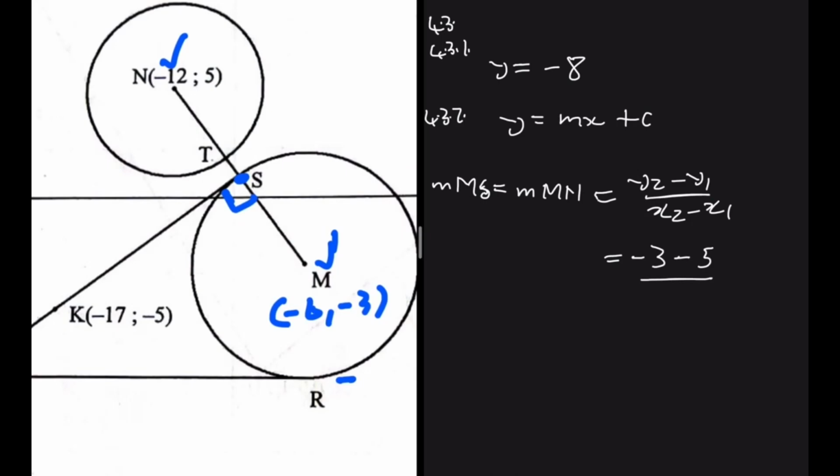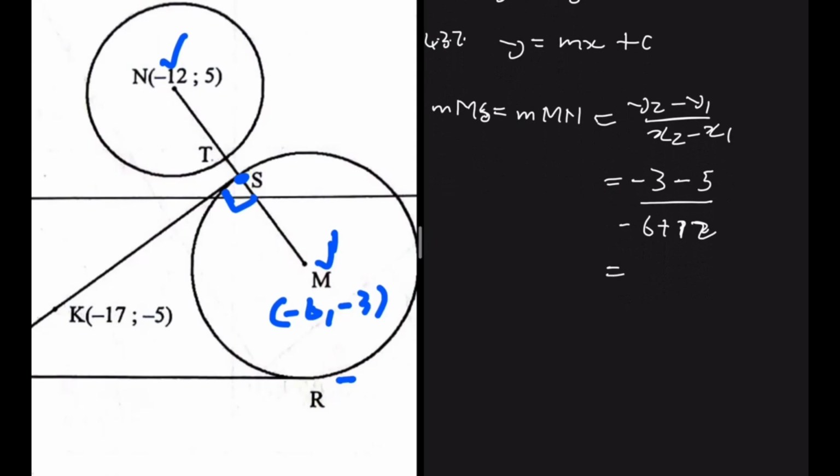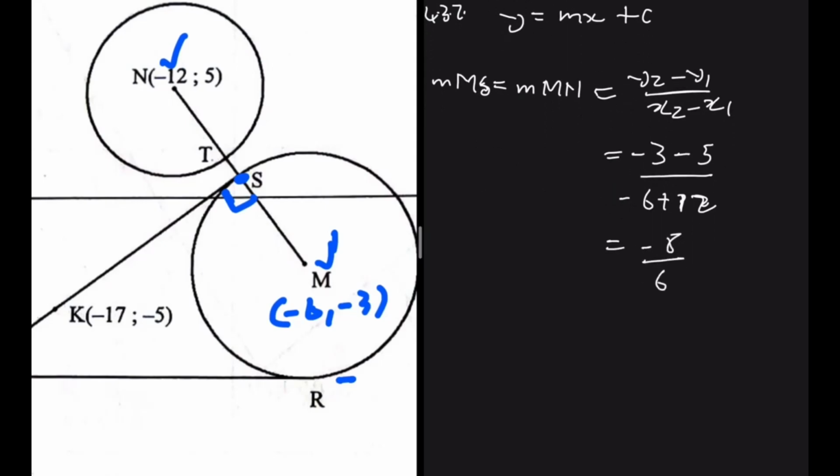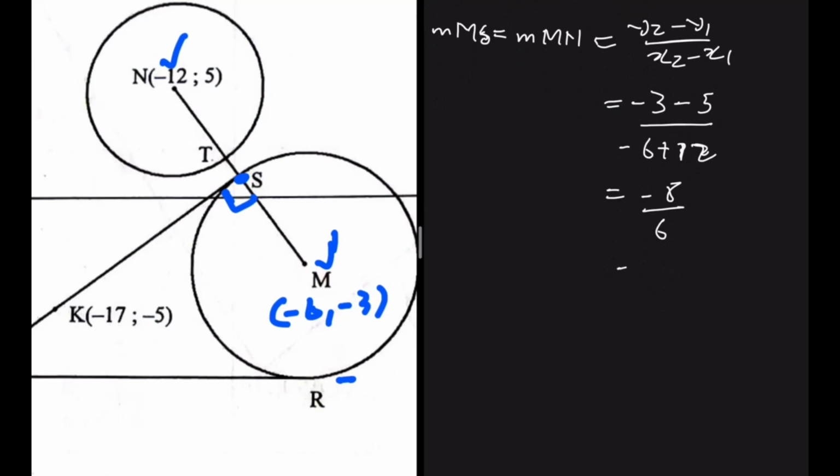And then divided by x2. So for x2, we're going to have minus 6 minus 12. So that will be plus 12, right? So this will be equal to, on the numerator we have minus 8 and we're dividing by 6. It's easy to see that the gradient of MN, the gradient of MS, will be minus 4 divided by 3, right?